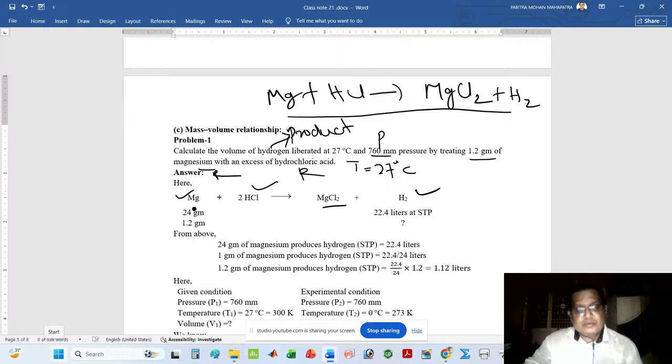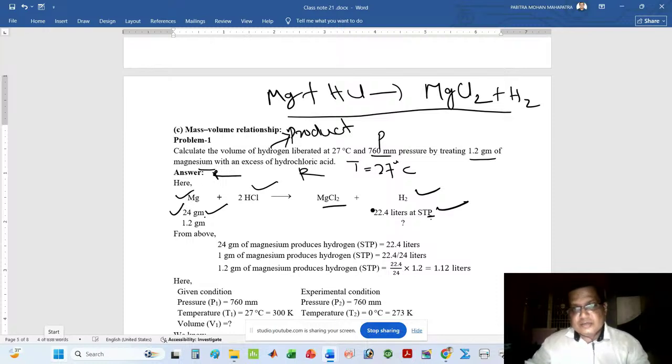The atomic mass of magnesium is 24. So here I can write 24 gram. The volume of hydrogen is 22.4 liter at STP. That means 24 gram of magnesium is used to produce 22.4 liter of hydrogen at STP.